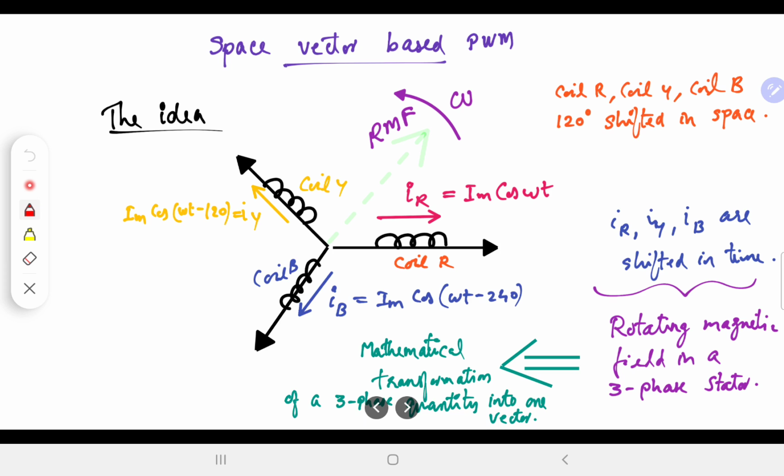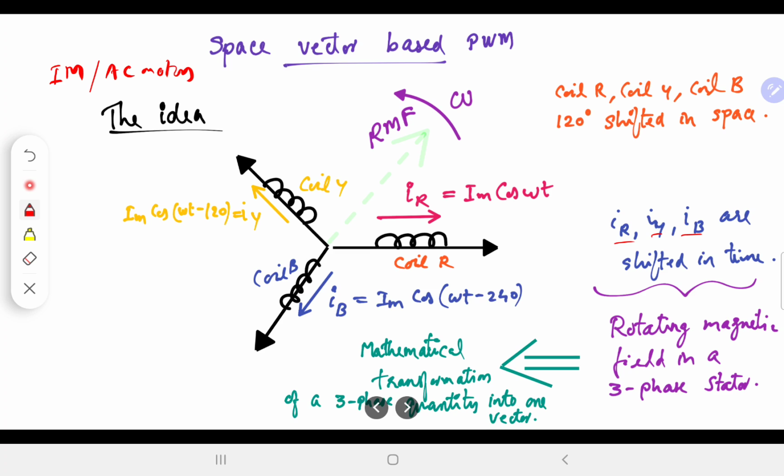If you remember our induction motor or other AC motors, three-phase motors, we know that if you apply three-phase voltages on spatially shifted coils, there are three coils which are spatially shifted, and we apply a voltage which is shifted in time on those coils, which will in turn generate three-phase currents which are shifted in time.